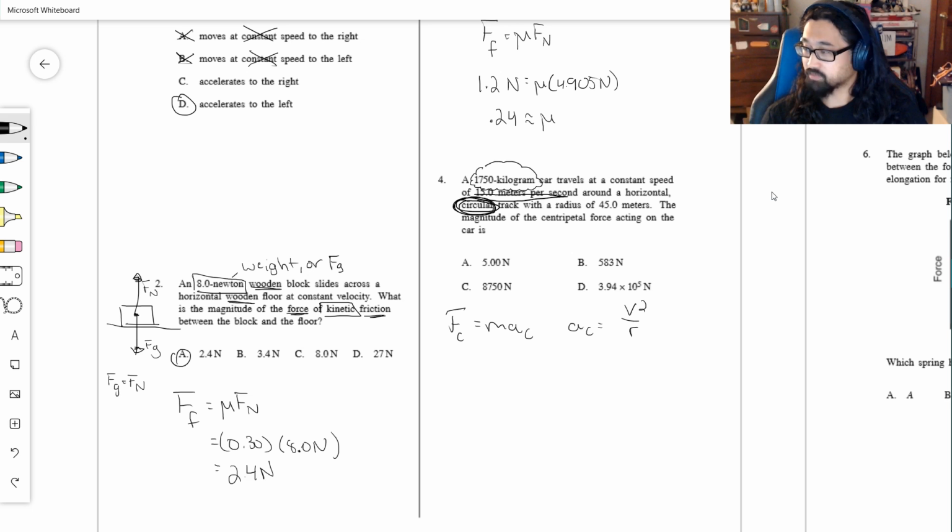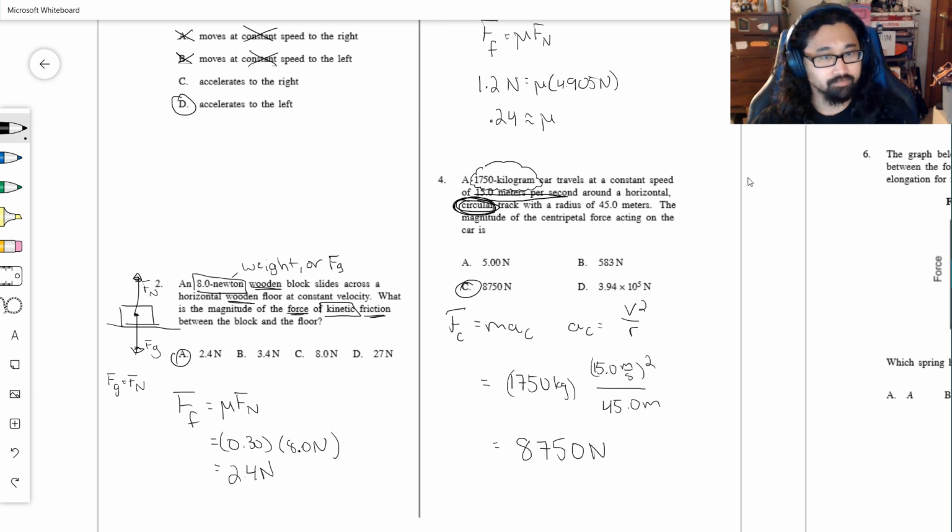I have a velocity, I have a radius, I have a mass, so I can just plug in numbers. It's 1750 kilograms times 15 meters per second, that's squared, over 45 meters. And again, I do the math, I get 8,750 newtons, or choice C.